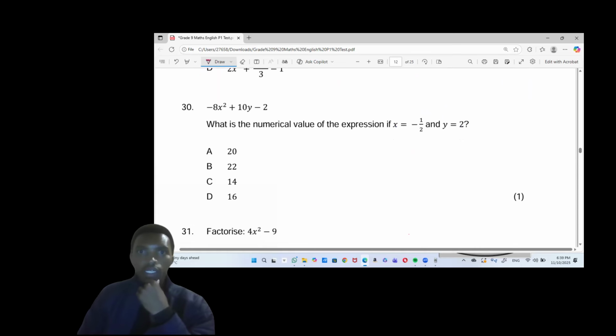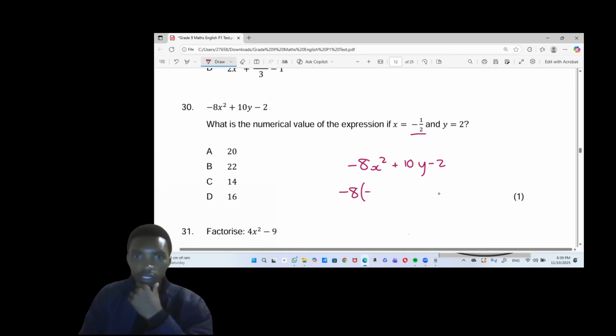All right. And then on the last one, what is the numerical value of this thing? If x is that much, we're given negative 8 x squared plus 10y minus 2. So they're saying if x is a half, we're going to have negative 8. At the place of x, we're going to put how much? Negative 1/2 squared plus 10. They said y is how much? It is 2. So at the place of y, we're going to put 2, minus 2. Then you put this thing in the calculator and check how much you get.